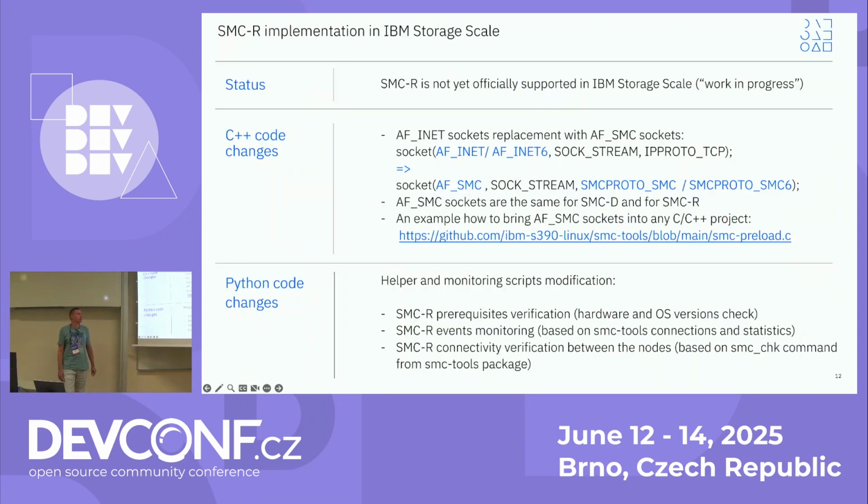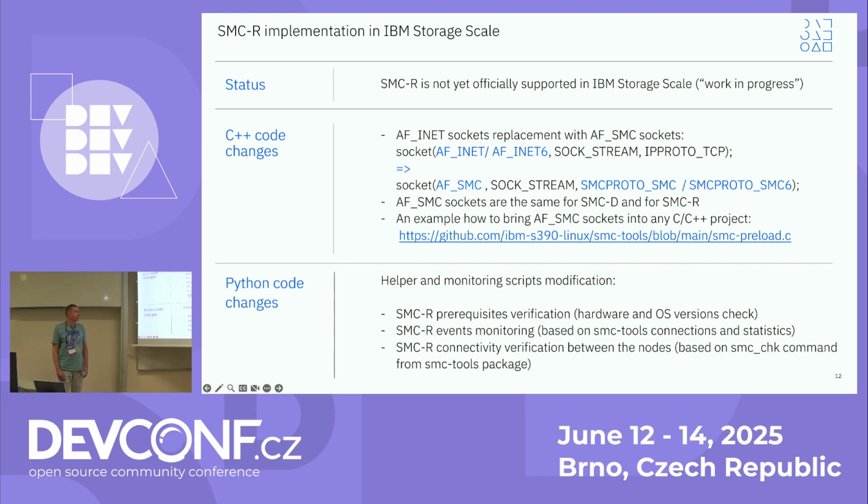Now let's have a look at SMC-R implementation details in IBM Storage Scale on the Linux on Z platform. Last year, we already implemented SMC-D protocol support, and now we are working on the SMC-R implementation, which is not ready yet.